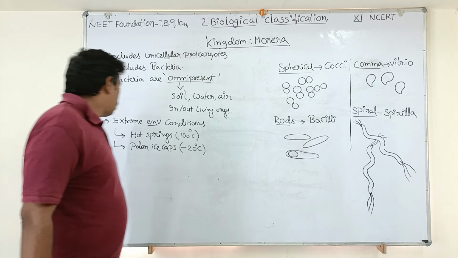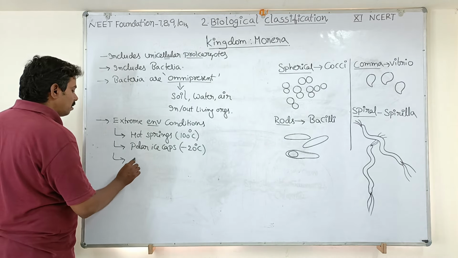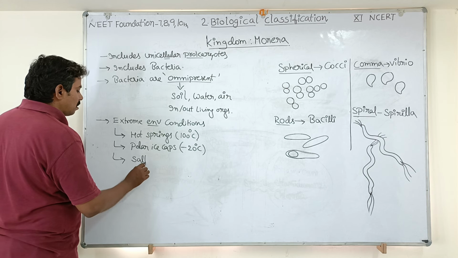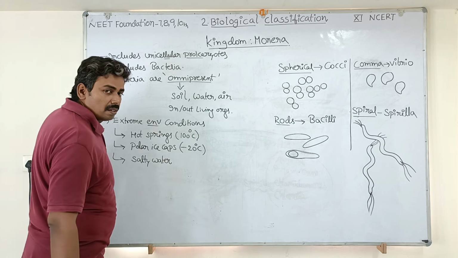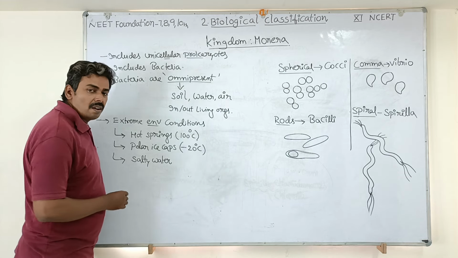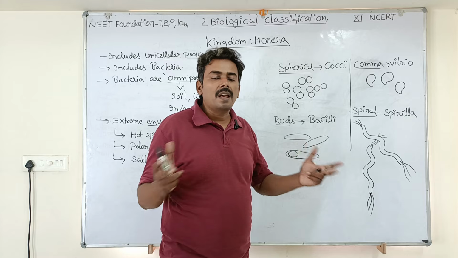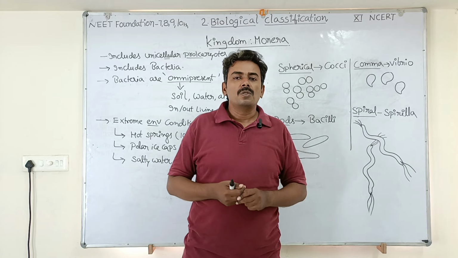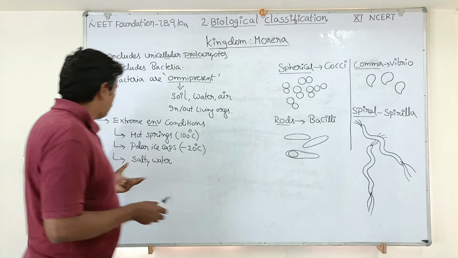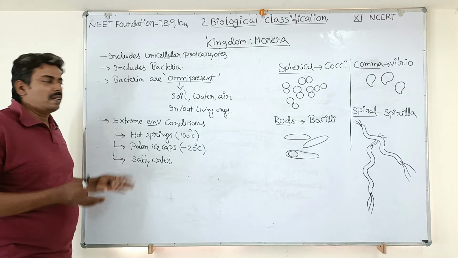And also they are found in extremely salty water. In that extremely salty water, no other organism can survive, only some special bacteria. So these are some extreme conditions where some bacteria are still able to survive.